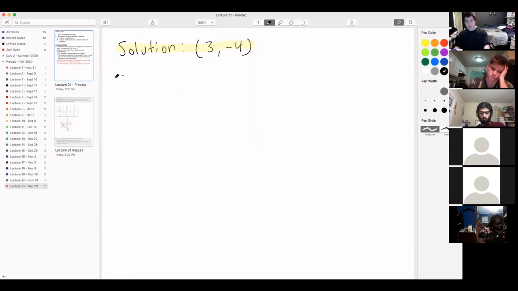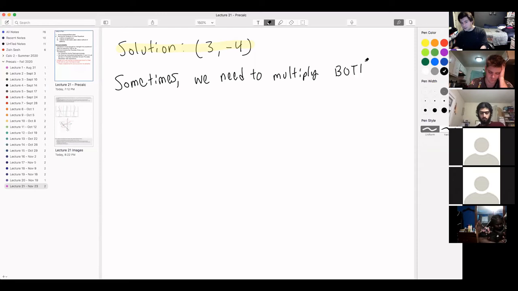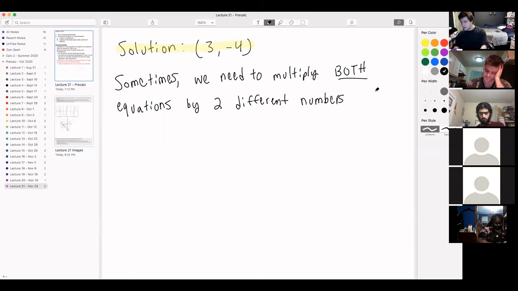So sometimes we need to multiply both equations by two different numbers, not the same number, before we can eliminate one of the variables.